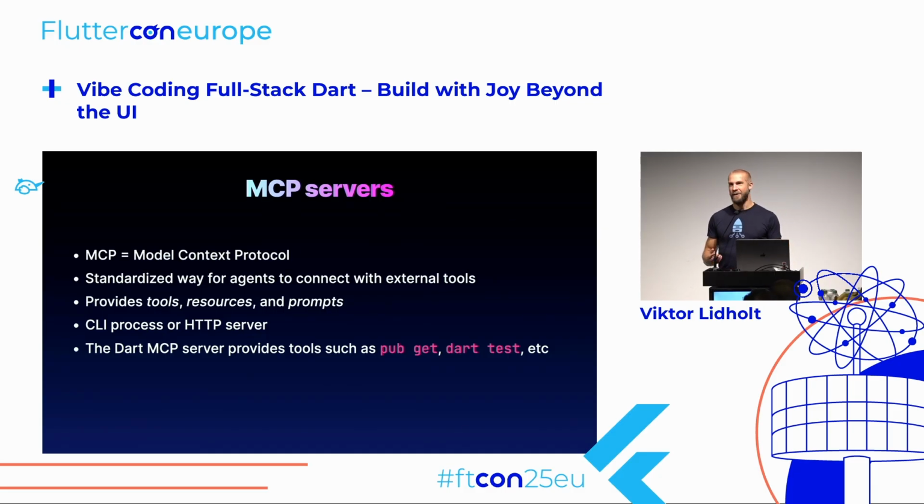But as it turns out, the agents are pretty good at running CLI tools anyway, so it knows how to do Dart test. So my feeling there is it gives not that great of a value, but if you have an MCP server that can provide more context to your model, that can be way more useful.